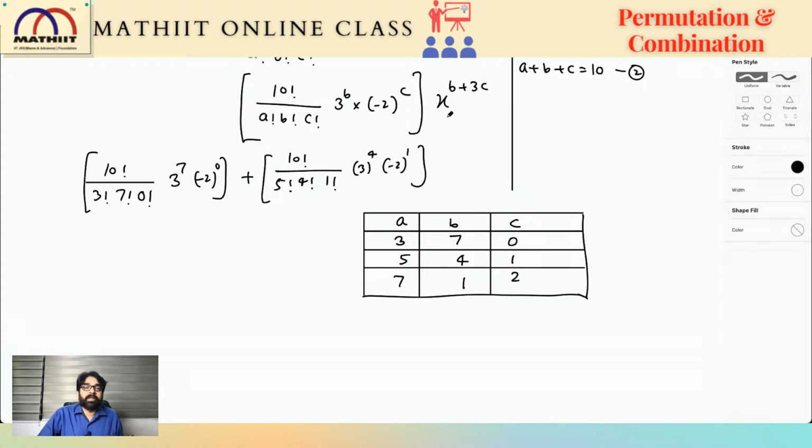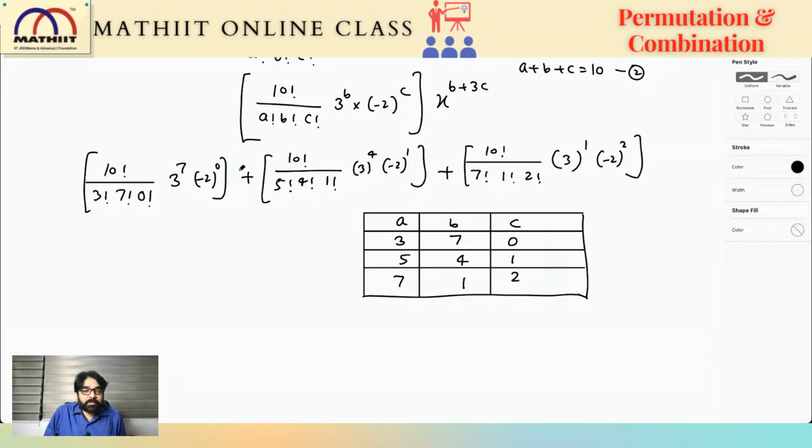And the other possibility is this: if I am not making a calculation mistake, please concentrate, 10 factorial by 7 factorial, 1 factorial, 2 factorial, into 3 power b, b meaning 1, and c giving minus 2 power 2.